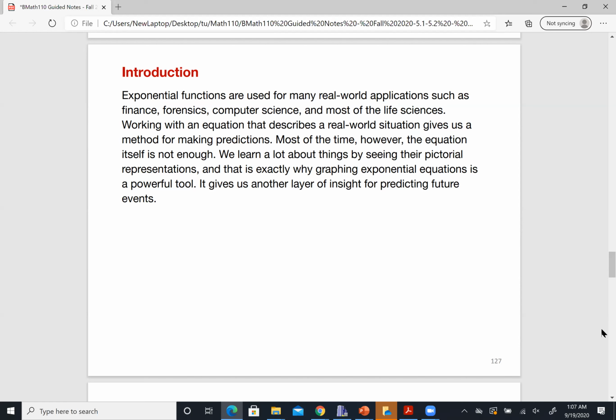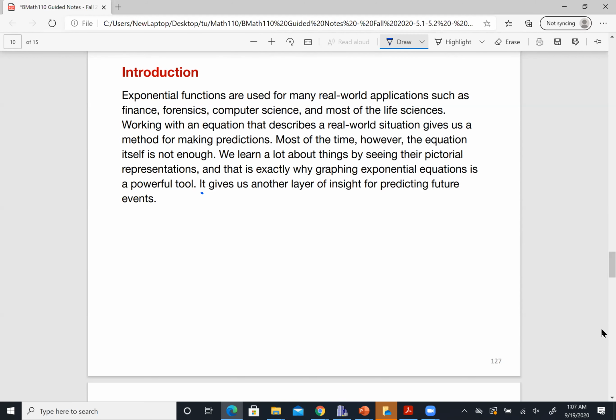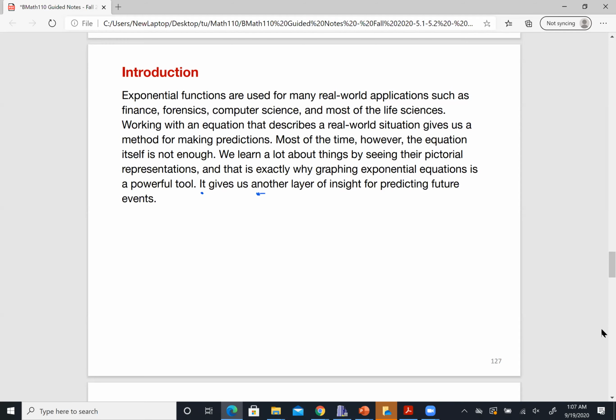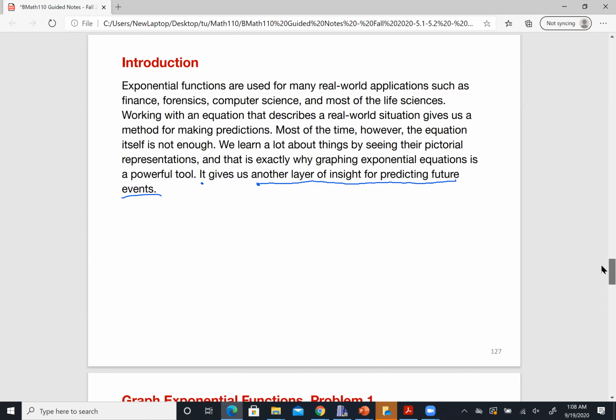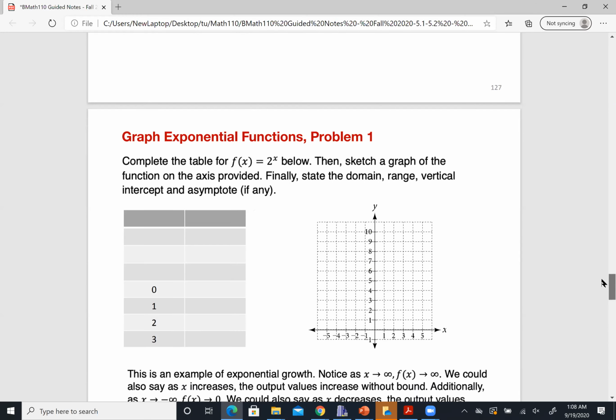But the main thing you may want to read is that the exponential function gives us another layer of insight for predicting future events. That could be a good statement for you to use later on some problems down here.